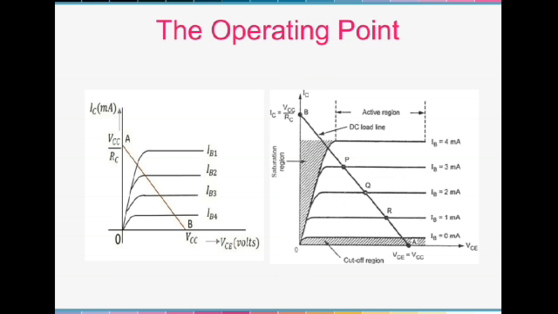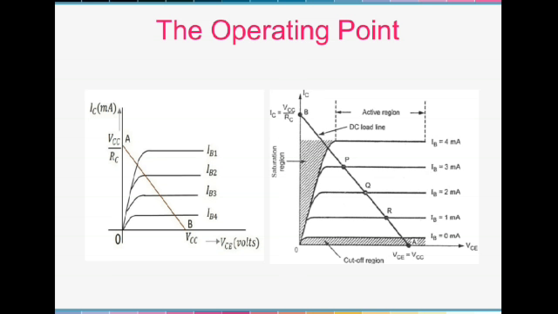In the second diagram, in the DC load line AB, we have different points P, Q, R. This Q is called the quiescent point or operating point. In the second diagram, we have different regions: the active region at the top, the cutoff region at the bottom, and the saturation region at the left side.